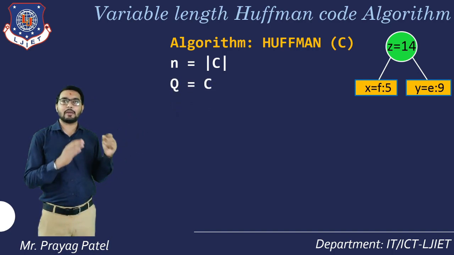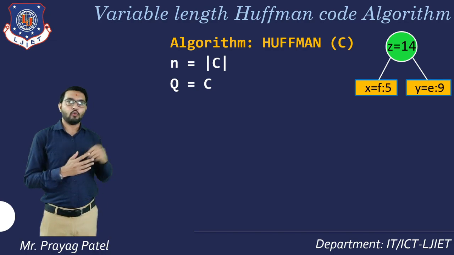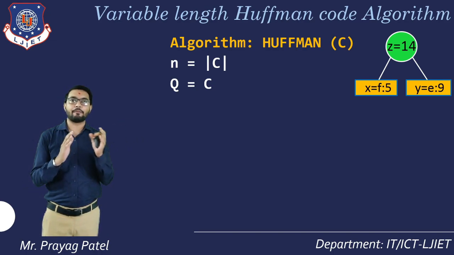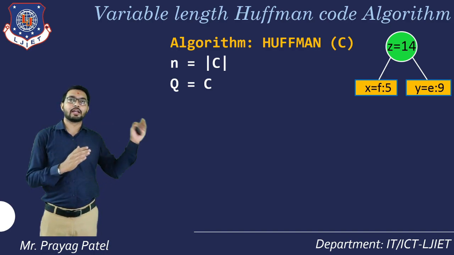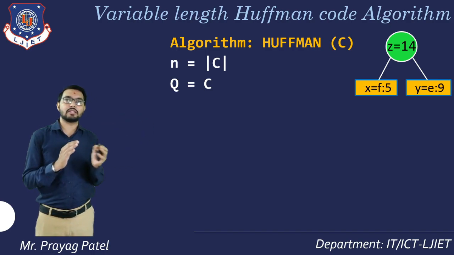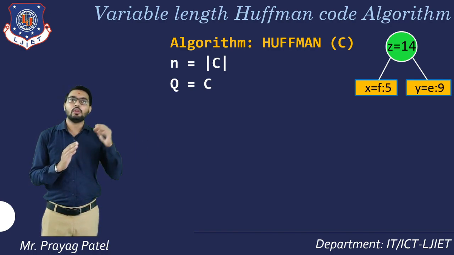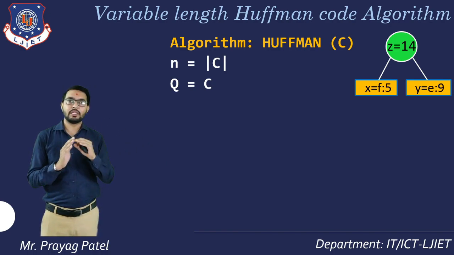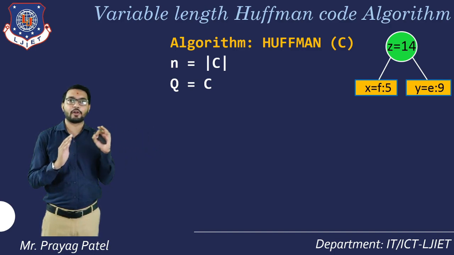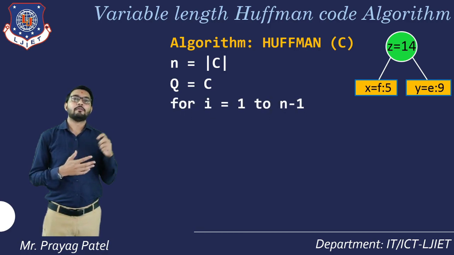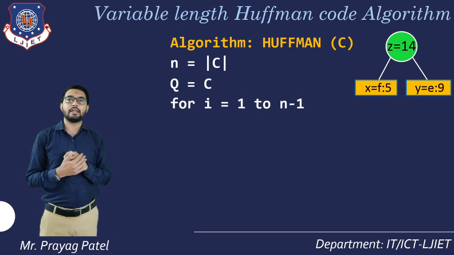Now the next step, Q equals C. What is Q? Q is a queue used to arrange the data by frequency. Here Q equals C means the frequencies are arranged first F5, then E9, like this, in ascending order. Now the next step: for i equals 1 to n minus 1.